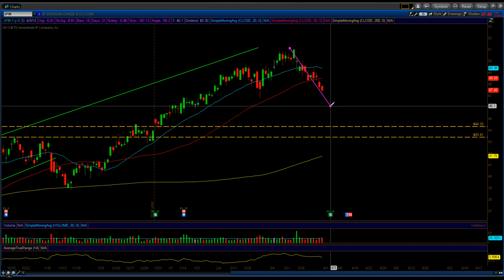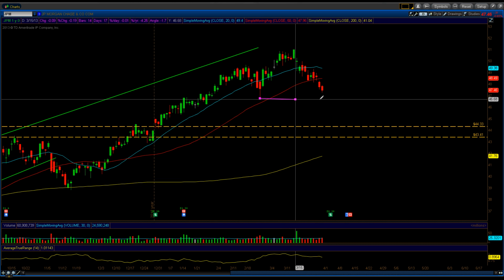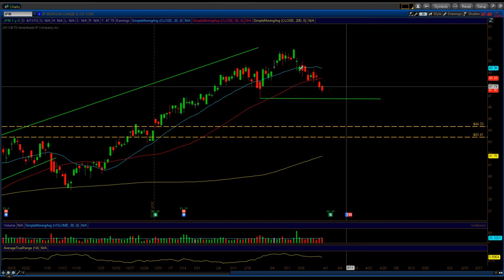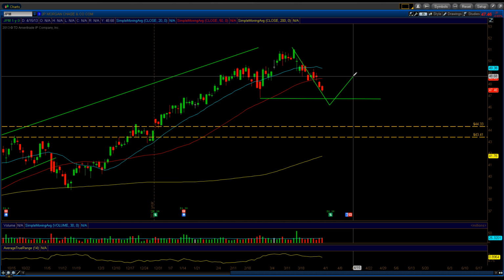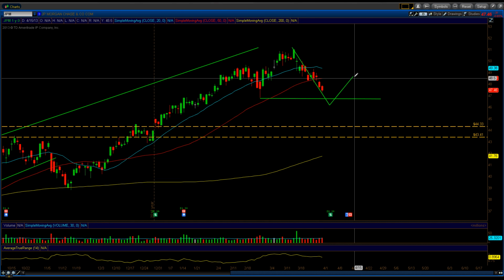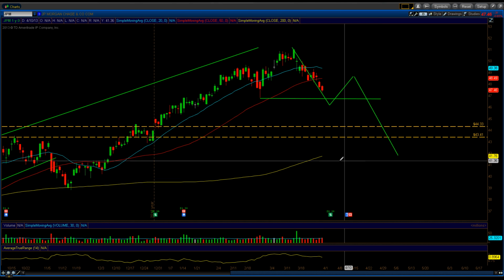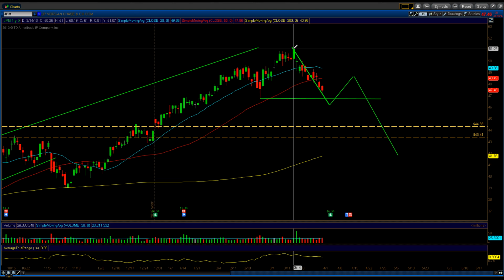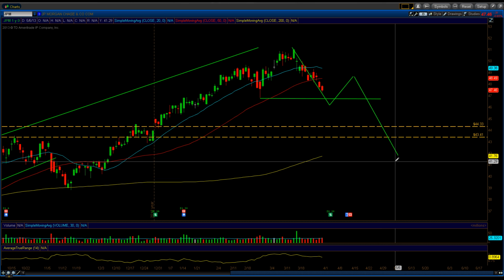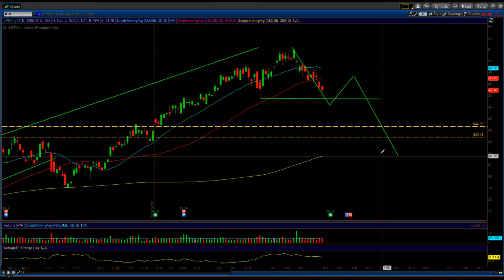If we come down and make a lower low, meaning lower than the previous low, and then we come up and make a lower high, that is an indication of a trend reversal. Either a trend reversal or a triangle is going to form. Okay, boom, boom, and then we're going to continue downward.